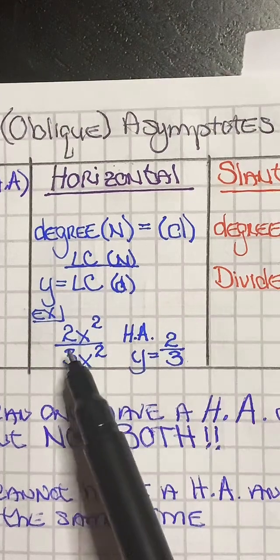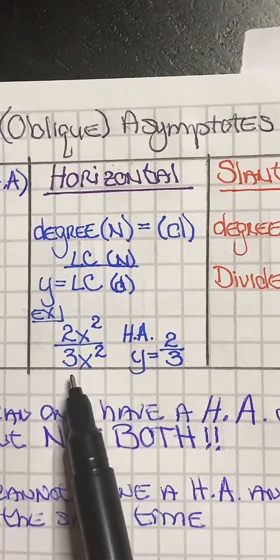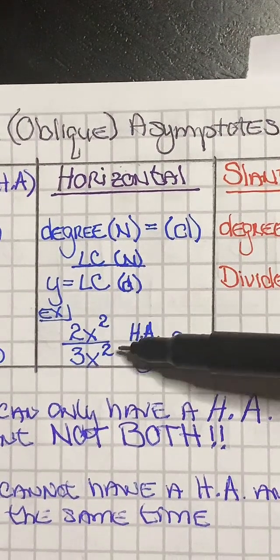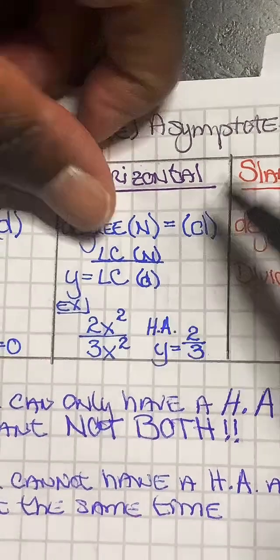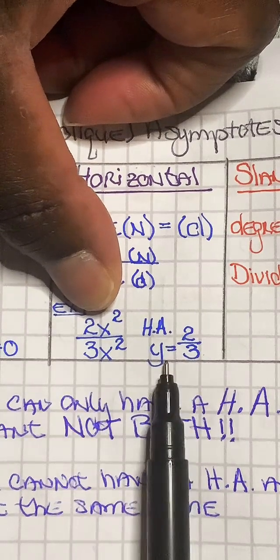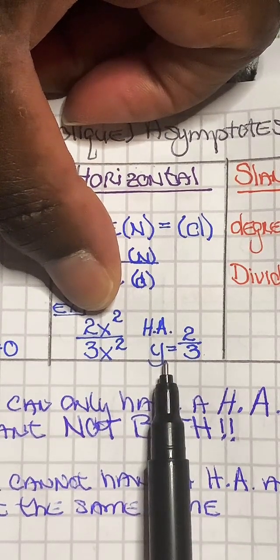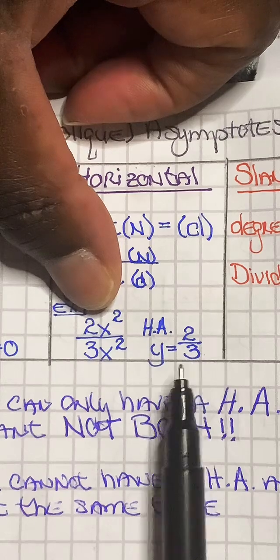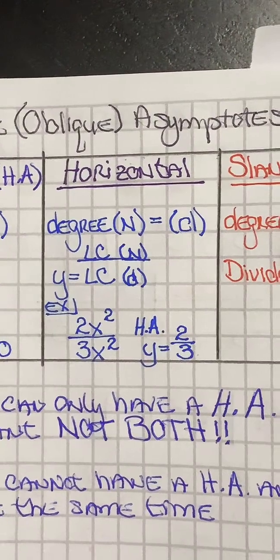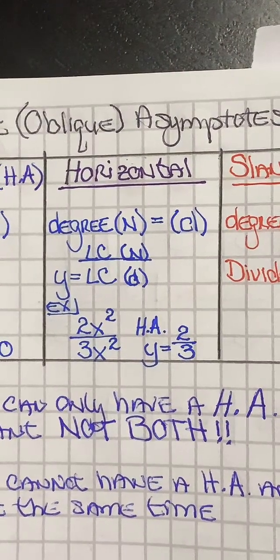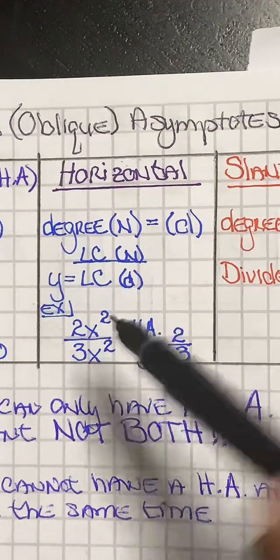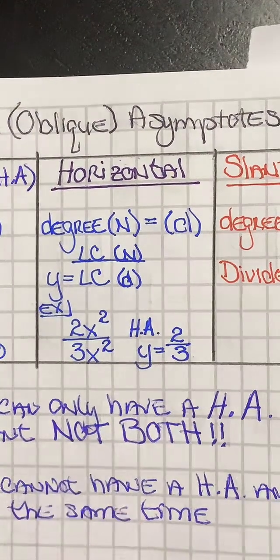For example, if I have 2x squared divided by 3x squared, notice my degrees are exactly the same. So I'm just going to focus on the leading coefficients. That's why my horizontal asymptote is going to be 2 over 3. You see how it's basically what is going on with your highest degree, even if they have the degrees all mixed up.